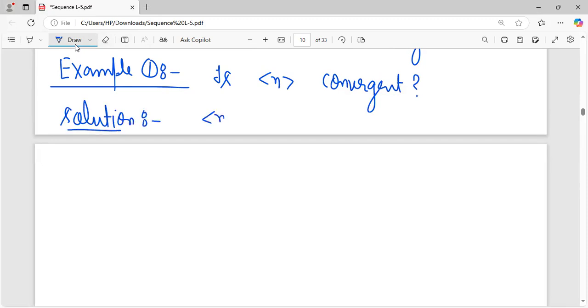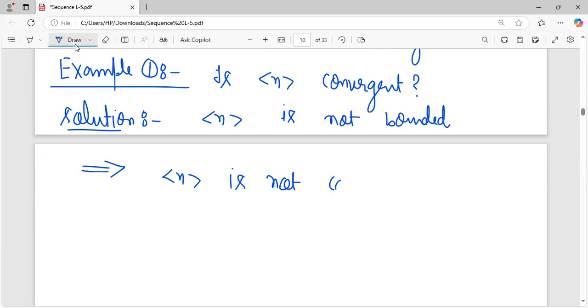Now this sequence is not bounded. So this implies this sequence is not convergent, because convergent sequences are always bounded. If some sequence is not bounded, it cannot be convergent. Because every convergent sequence is bounded. If you can find that a sequence is not bounded, it cannot be convergent. Okay. So it is not bounded, so it is not convergent.